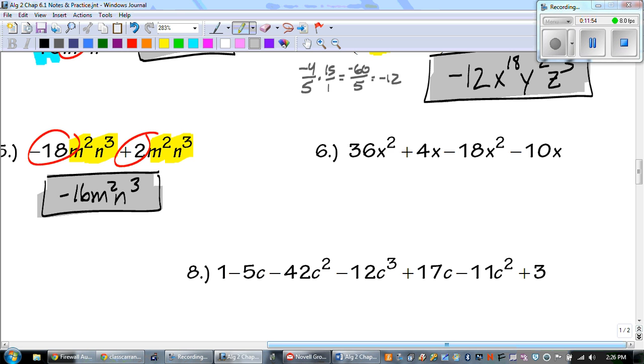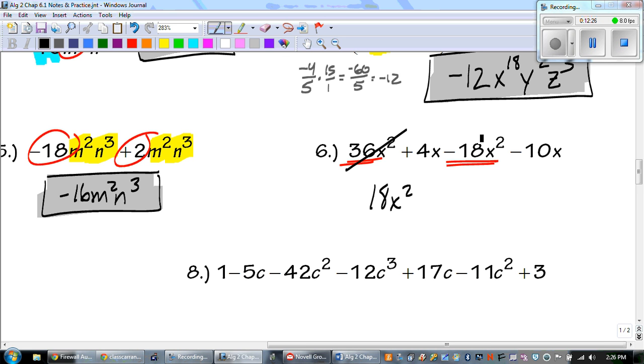Now, I think the hardest thing to do with these guys, for ones like 6 and 8 and 7, we got to make sure they're in standard form. So as I'm looking through this, I am looking for the highest variables first. So 36x squared and negative 18x squared, I'm going to combine those first. 36 minus 18 is 18, and the variables stay the same.